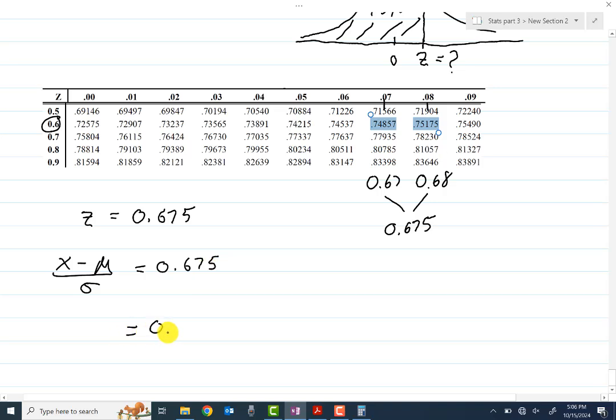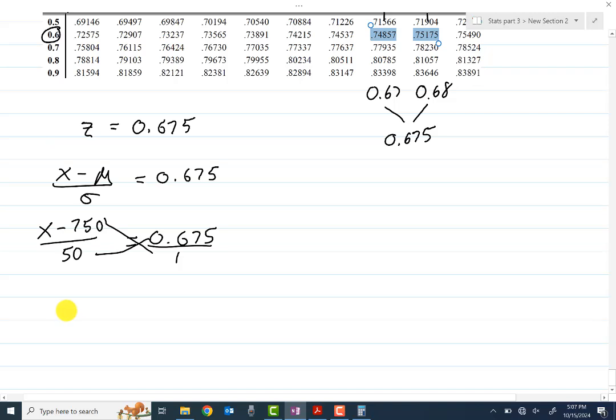And I'll go do one more step. I will solve it the same way I did before, using cross multiplication. X, I don't know the value of it, but mu I knew to be 750, and sigma I knew to be 50. Cross multiply like you did before. We get X minus 750 equals 50 times 0.675.